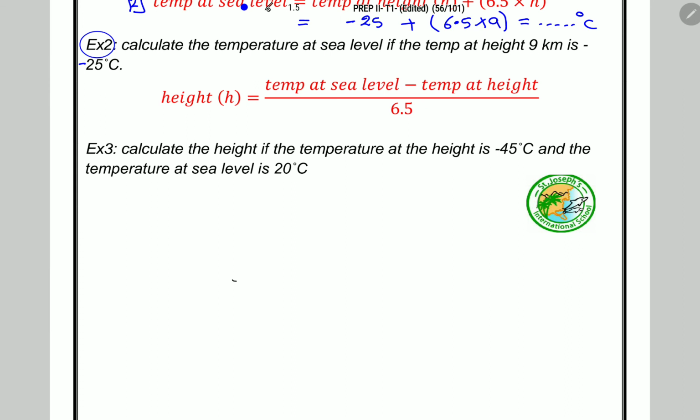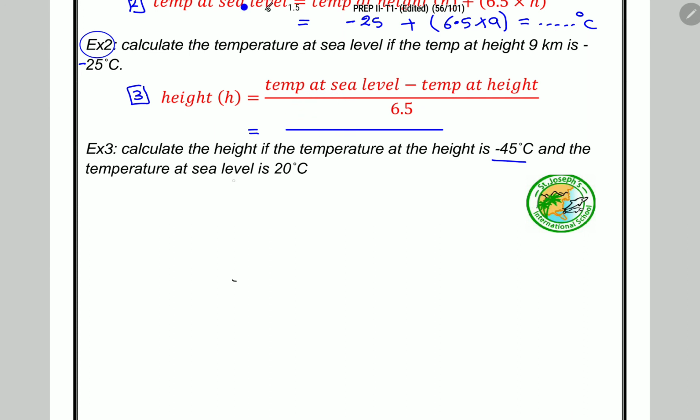Last kind of problems, if you need to calculate the height. Calculate the height if the temperature at the height is negative 45 and the temperature at sea level is 20. So we use the third rule, the rule of height. The temperature at height is negative 45 degrees Celsius.